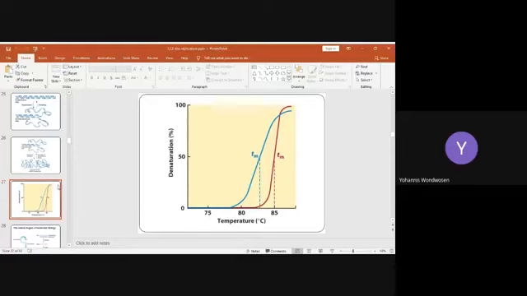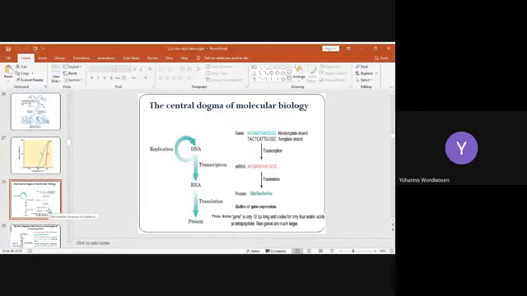It shows that more CG regions require a much higher melting temperature. A DNA strand having less CG regions requires a lower melting temperature. As you have seen yesterday also, the central dogma of molecular biology involves three major reactions. From the parental DNA, there is synthesis of new DNA, the replication process.